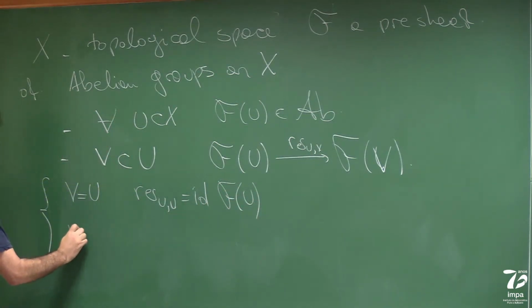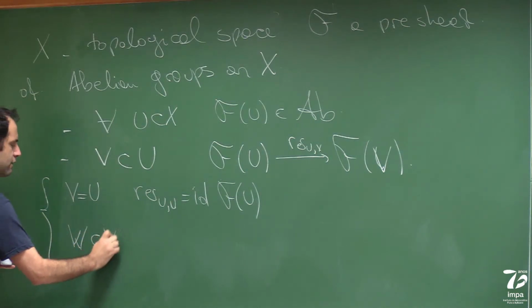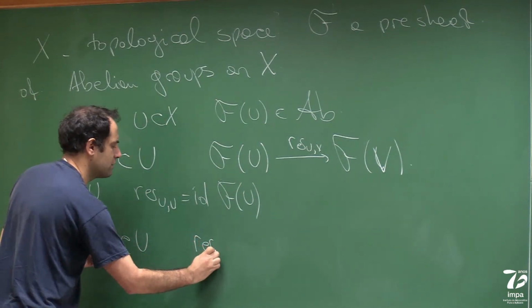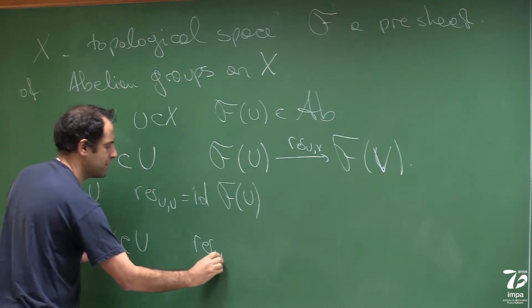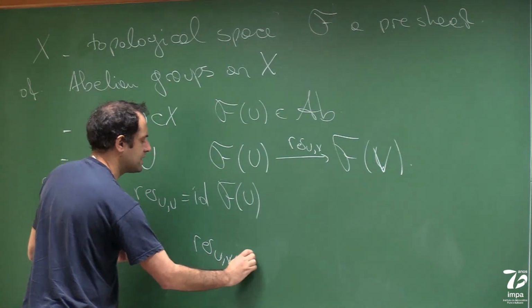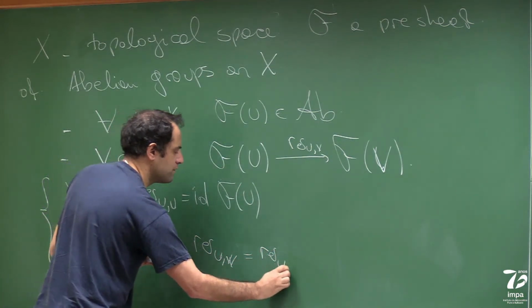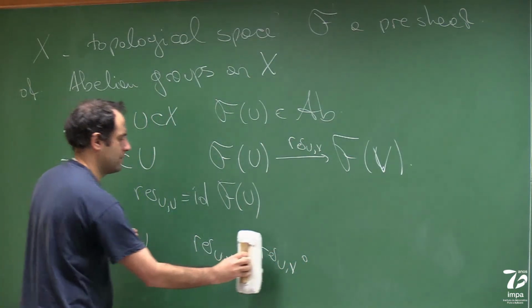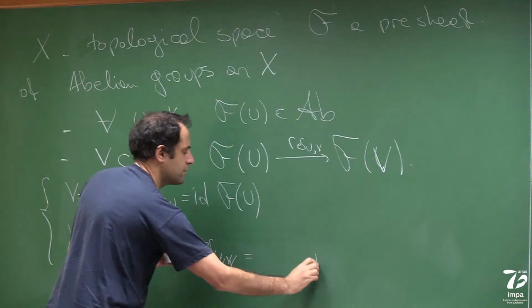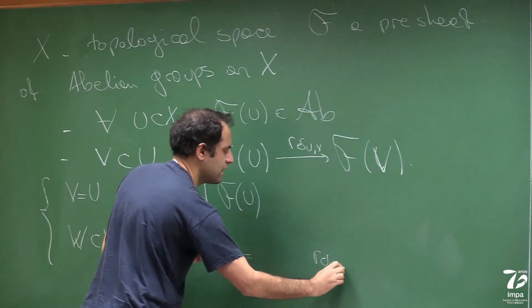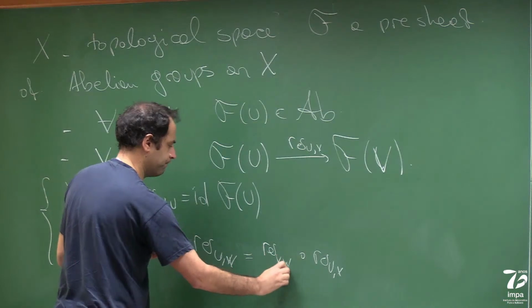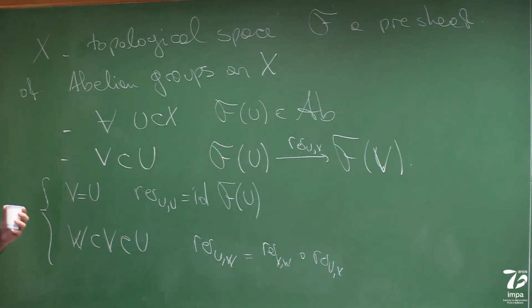And if you have W inside of V, inside of U, then you have a restriction from U all the way down to W. But this is the same thing as restricting from U to V and then restricting from V to W. So that's what a presheaf is.